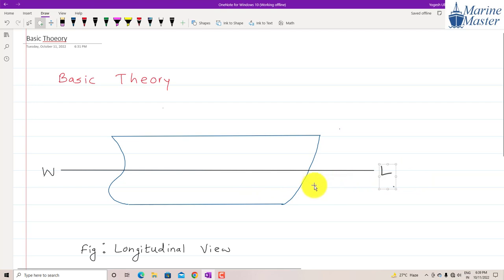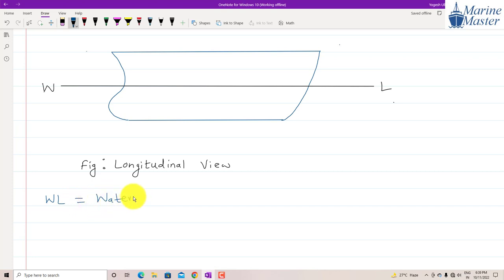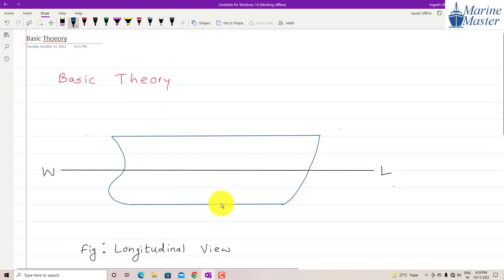I will write it down here for our reference. What is the meaning of WL? WL means water line. Guys, try to understand the meaning of each and every word. Then try to understand the scenario here.